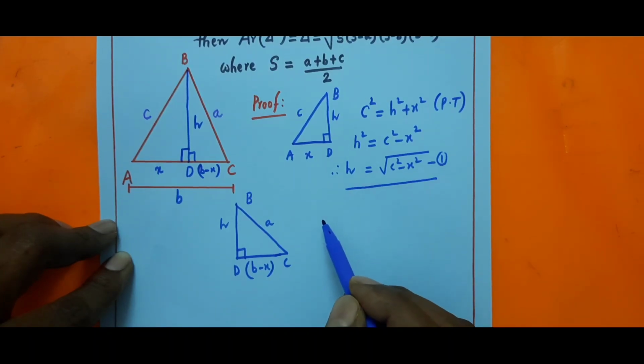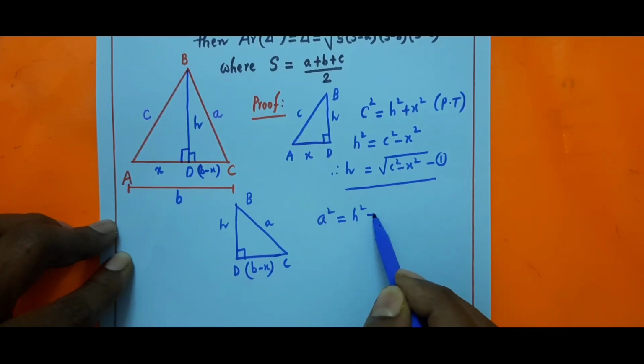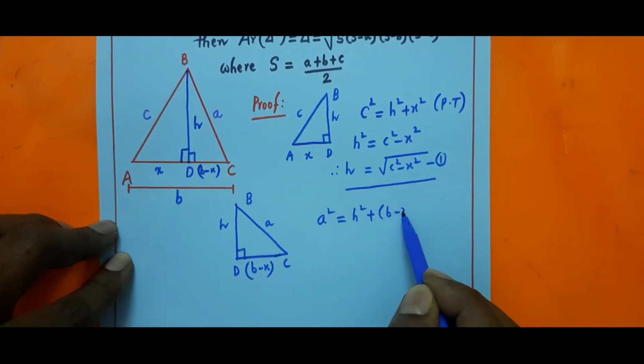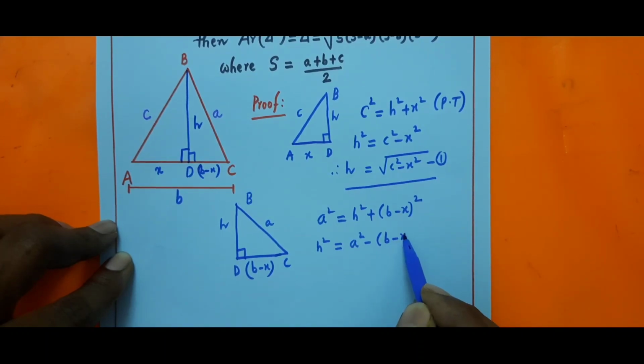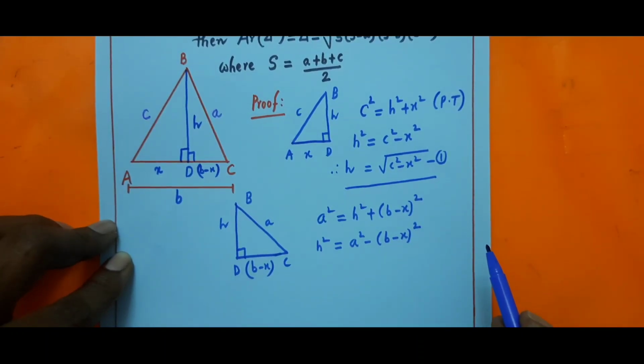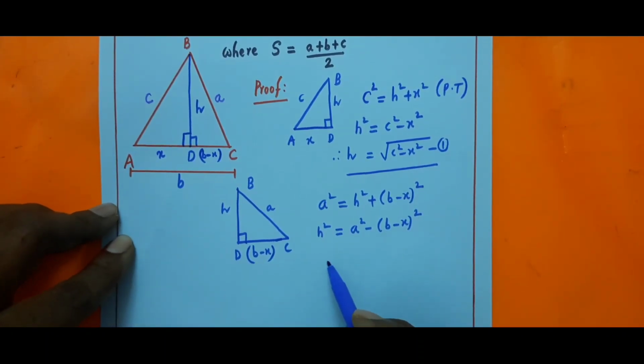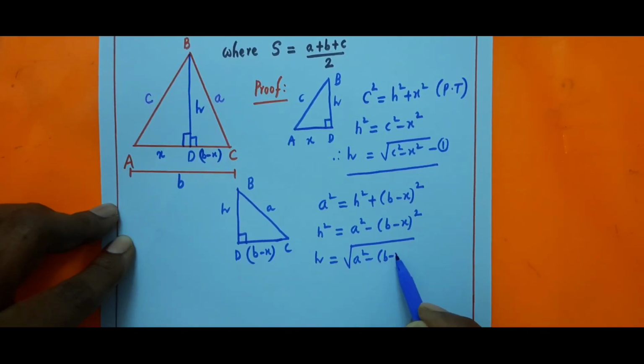So here the Pythagoras theorem is a square is equal to h square plus (b minus x) whole square. From this, you can write h square is equal to a square minus (b minus x) whole square. Then h is equal to root of a square minus (b minus x) whole square. Let it be equation 2.